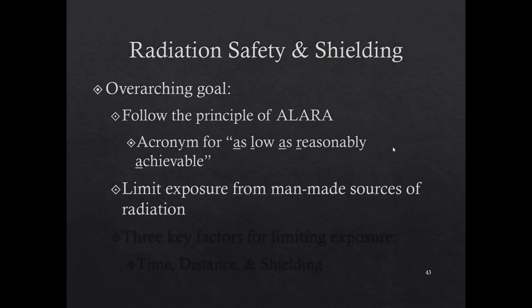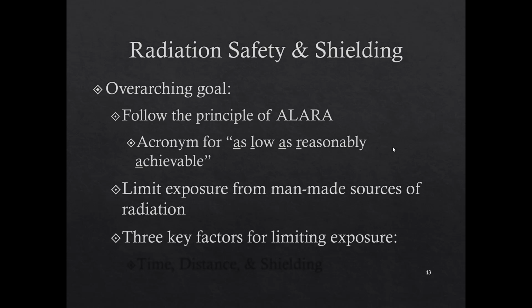What we want to do is limit the exposure from man-made sources of radiation. Three key factors for limiting exposure are time, distance, and shielding. You've probably heard this, if not once, maybe 100 times at this point, but time, distance, and shielding are your friends, and this is really important for limiting excess exposure.